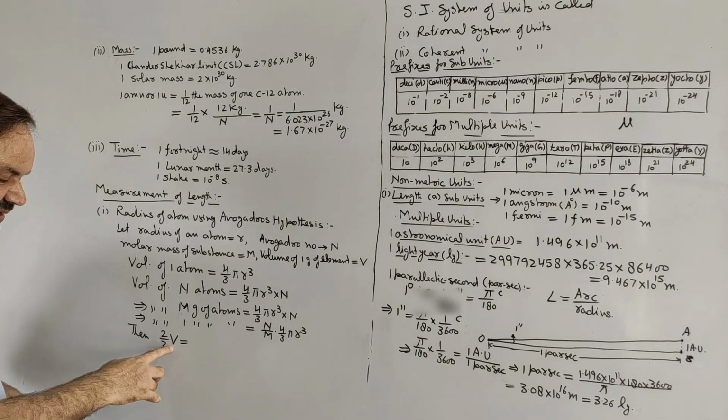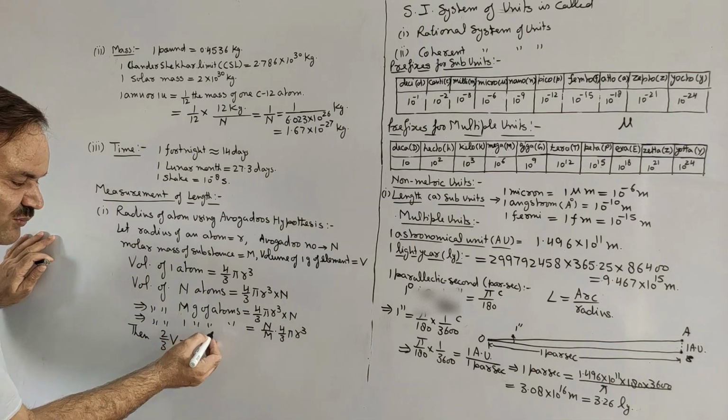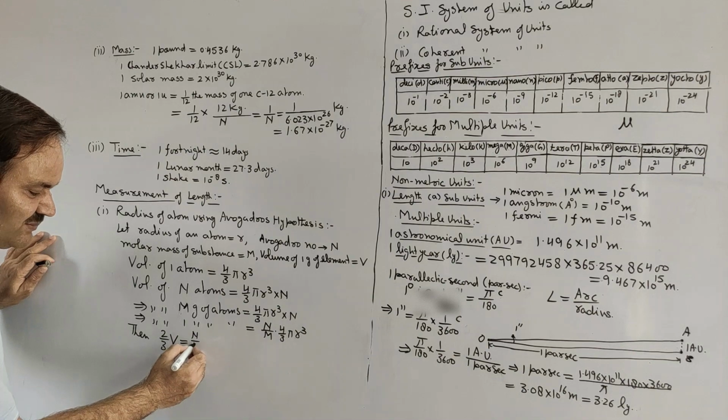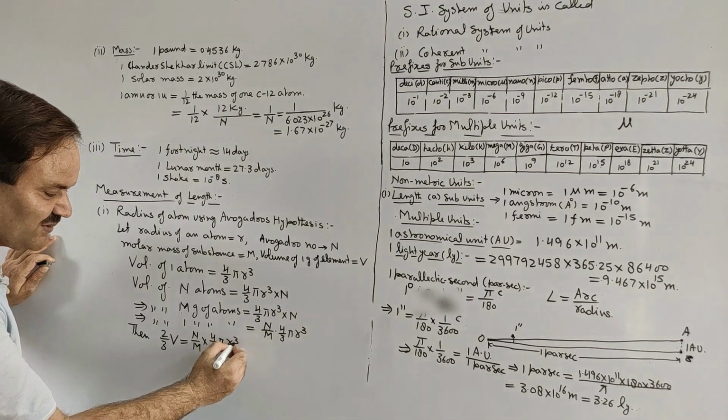That is 2/3 V is equal to the volume of 1 gram of atoms, that is N/M into 4/3 pi r cube.